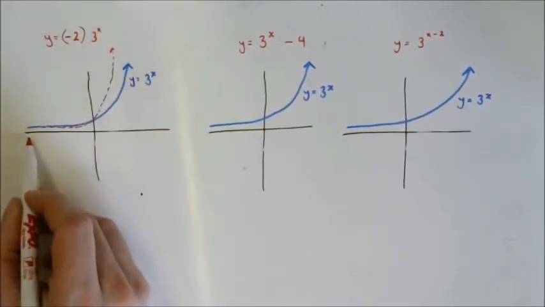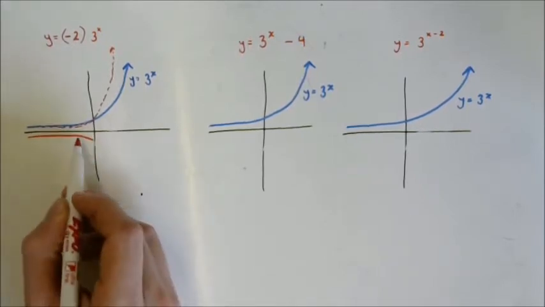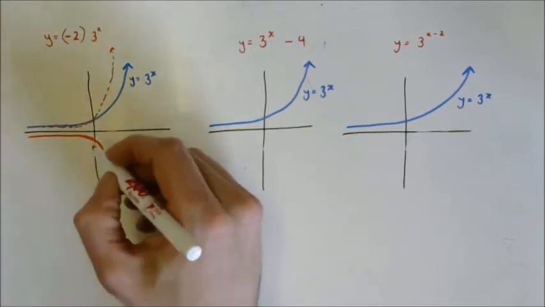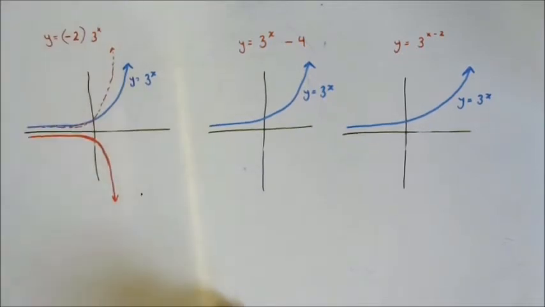In either case, it's going to be tighter to the x-axis for longer, and then it's going to turn more dramatically than our blue graph. And there we have it, a vertical reflection and a vertical stretch by a factor of 2.